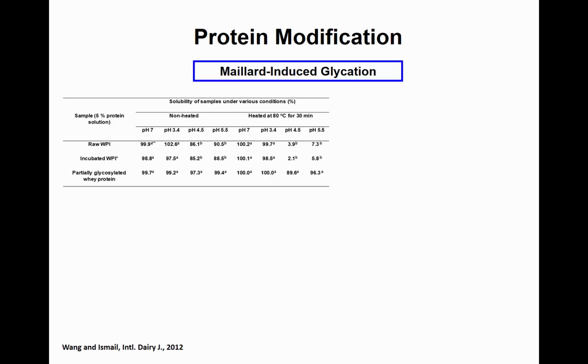Solubility goes from 100% almost to 5 to 7%. Whereas the glycated protein remains 90% or higher at all pHs, 7, 3.4, 4.5, which is the isoelectric point of whey protein. Remember, when you heat the whey protein, it goes down at the isoelectric point? It didn't here. So the protein became soluble over a wide range of pH.